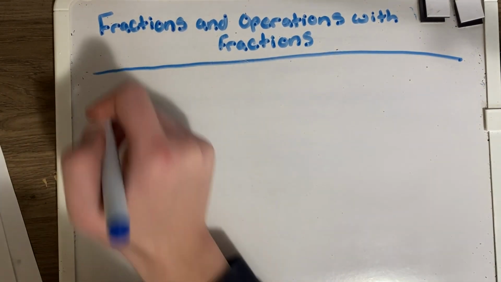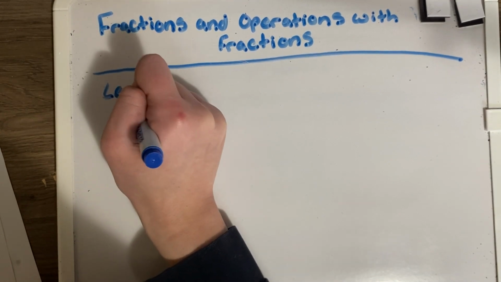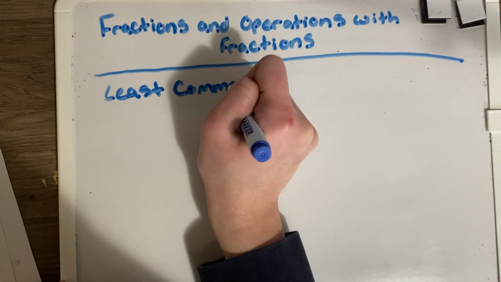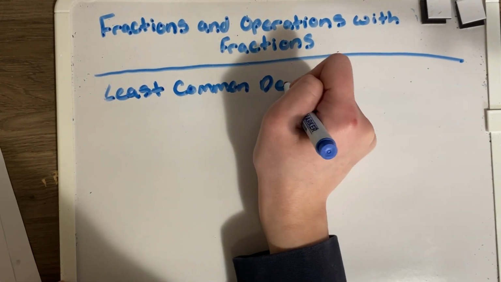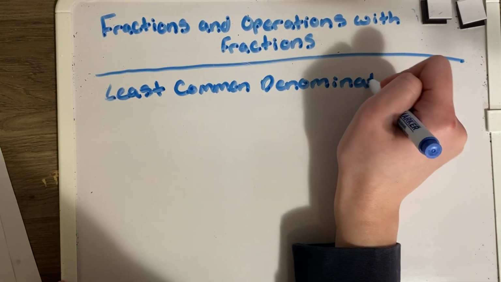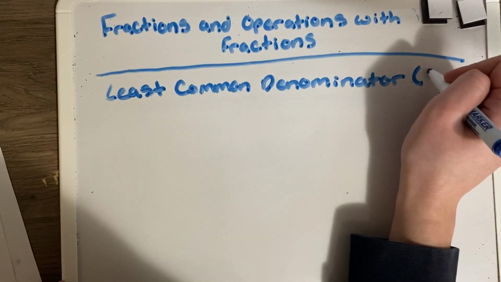The first one is something called a least common denominator, or the LCD.